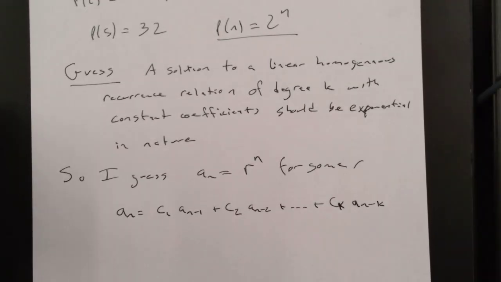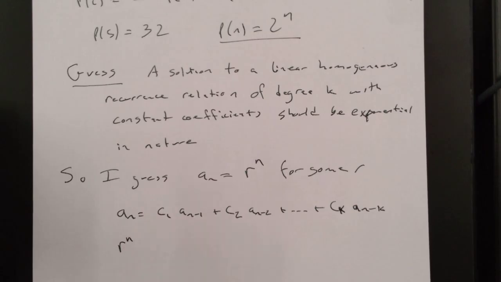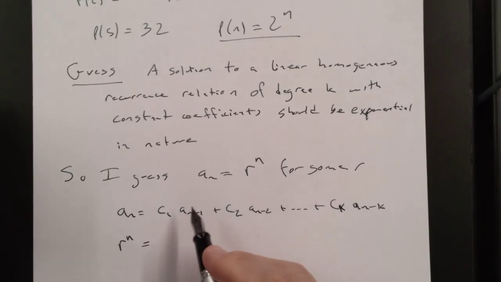That's the formula we said back, what, a page ago? What should go on the left side if I assume that this is the right formula? Up here, this should be r to the n. What should this become?